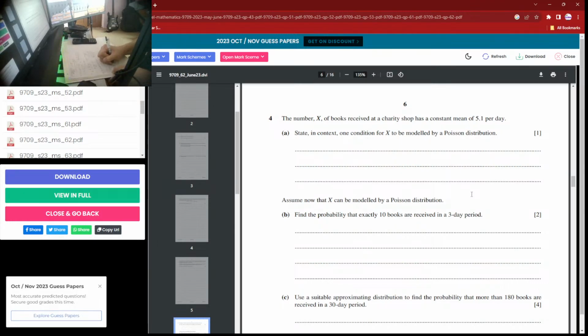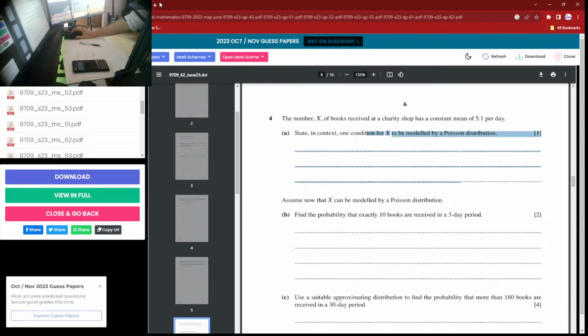That gives us Z more than 180.5 minus 153 divided by root of 153, which is 2.223, which gives us 1 minus the phi of 2.223.